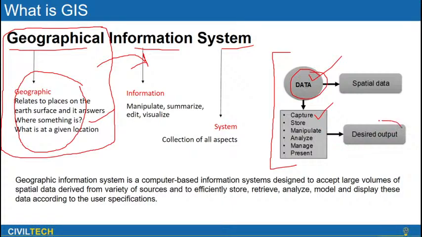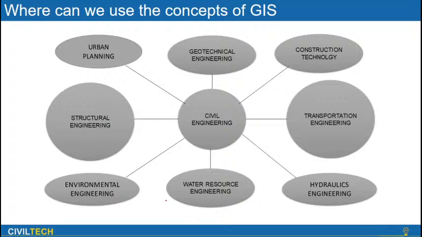So the desired output will always be in terms of a map, right? This is the classical definition of geographical information systems, what you come across in various blogs, textbooks, or research articles.